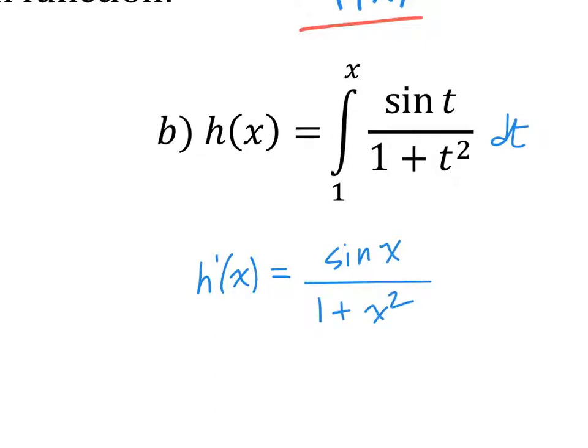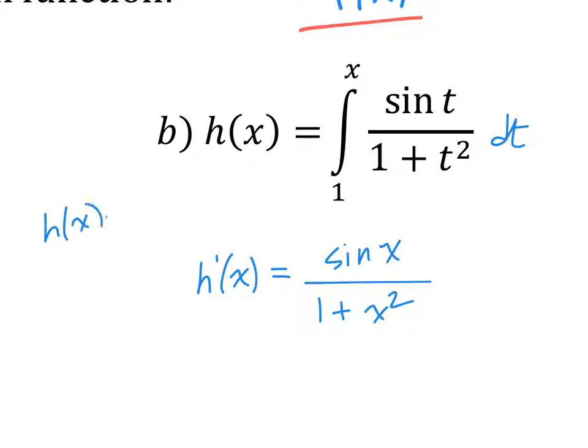What about the 1 to x? When you take the derivative, the whole thing just switches, because based on what we proved before, the derivative is just the function itself. But it's 1 to x, not 0 to x. Yes, because if you think about it, you could do a very simple integral.